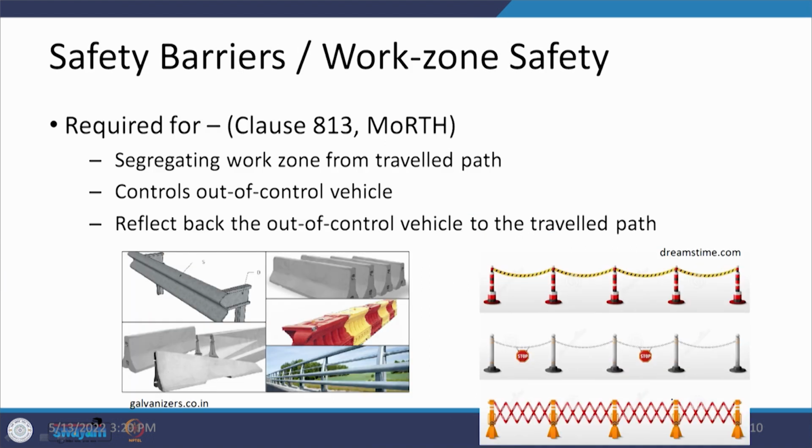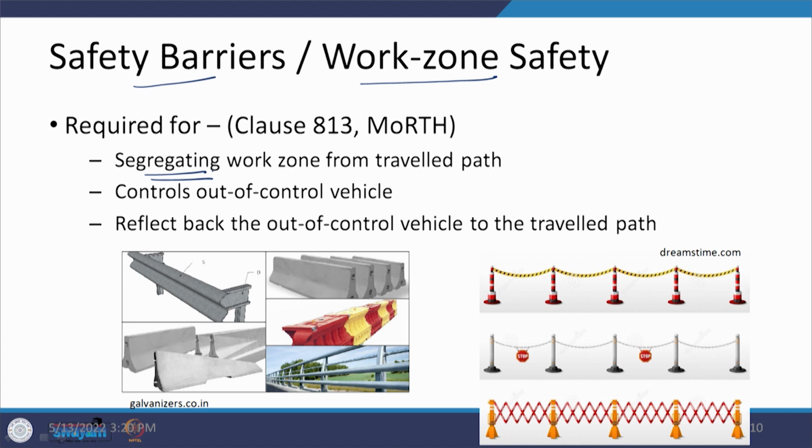Now, another thing is that there are requirements of safety barriers, or requirements of ensuring safety in those zones where certain works are going on. So, in such cases, again we are going to utilize certain things. Why are we doing it? For segregation.